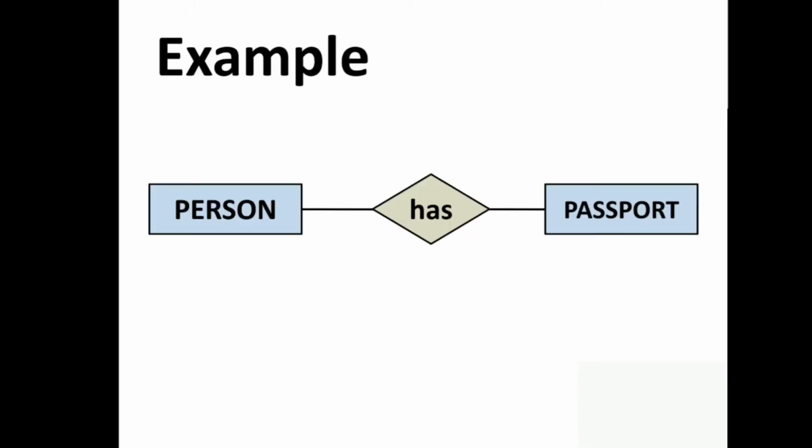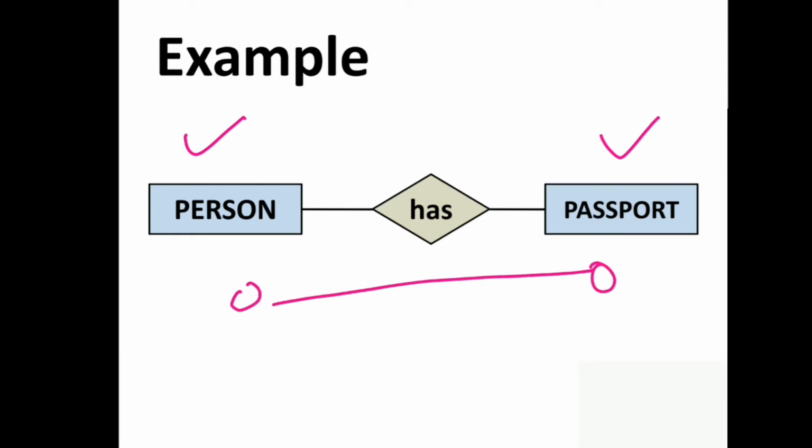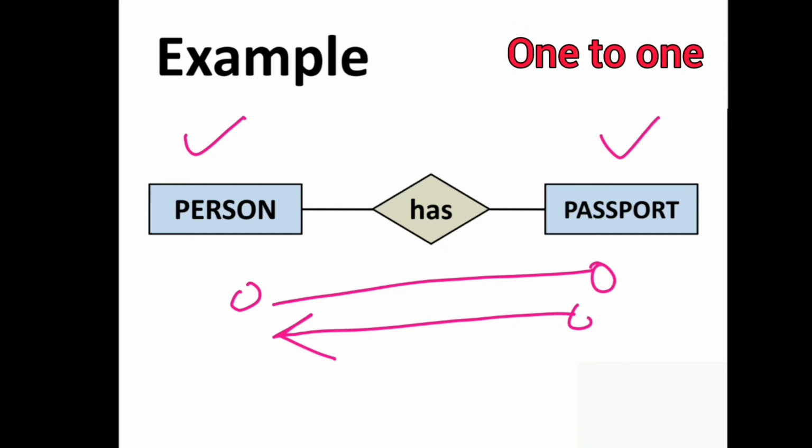For example, if there are two entities, person and passport, the person entity will have attributes like person ID, name, age, address, and the passport entity will have attributes like passport ID, passport number. So here each person can have only one passport, right? And each passport belongs to only one person. So such a relationship is called a one-to-one relationship.